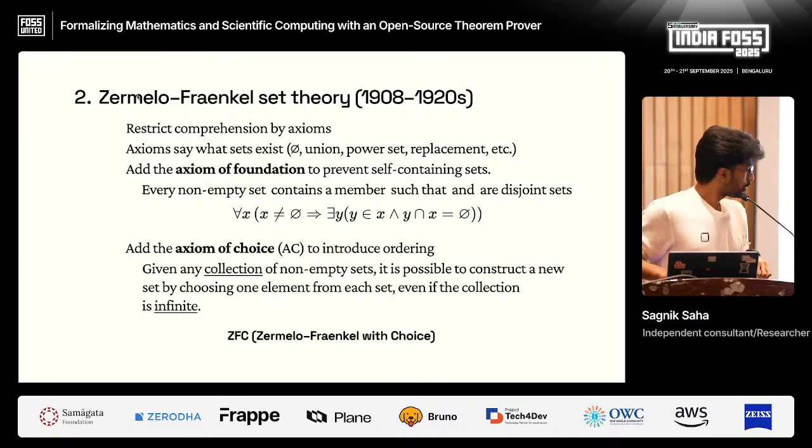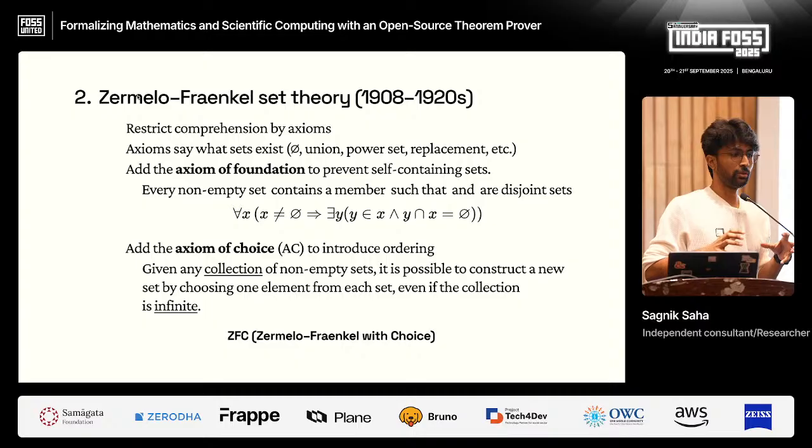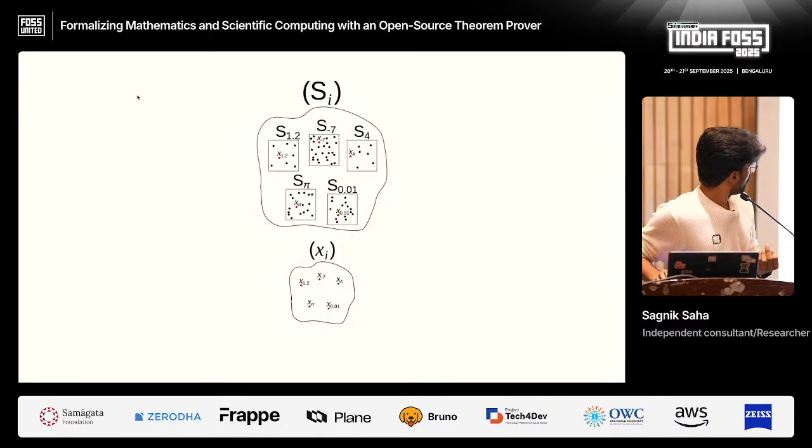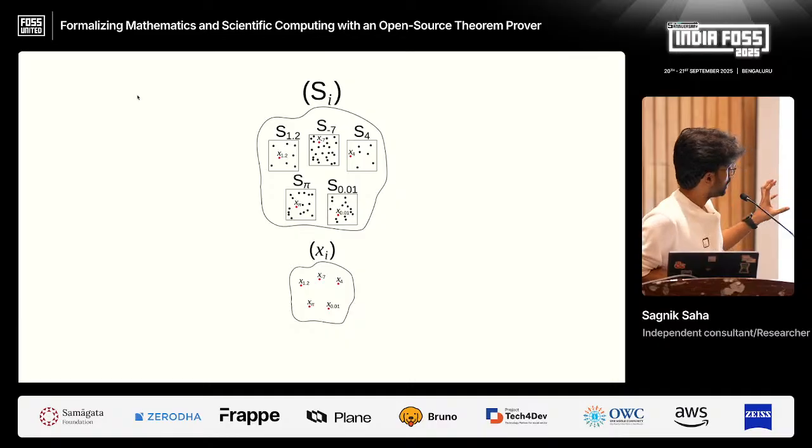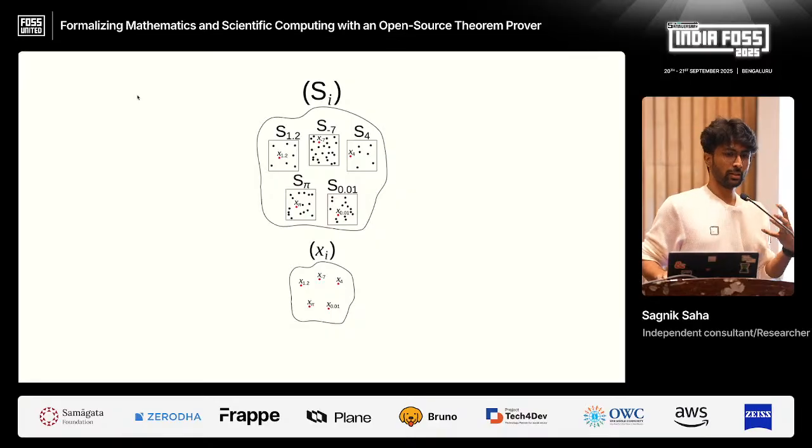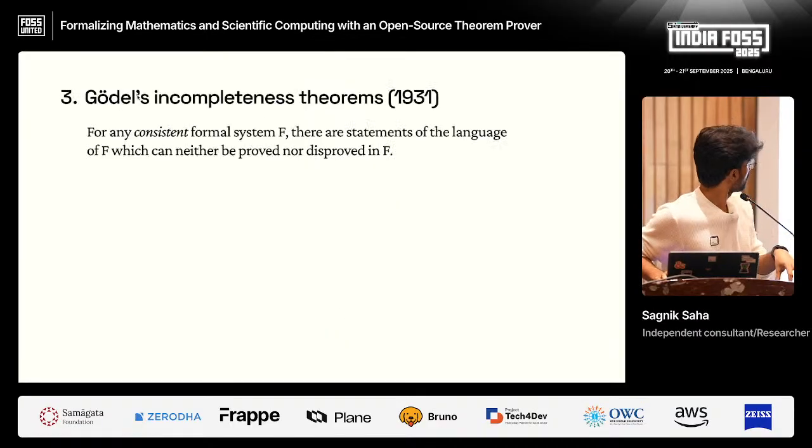And we also have something called the axiom of choice, which makes sure that even if you have infinitely many sets, it's always possible to choose at least one object from each of these sets and create a new collection. For example, if you have infinitely many number sets Si, you can always choose at least one point from each of the sets and create a new collection. These are some of the axioms that built early logic theory and type theory in math.